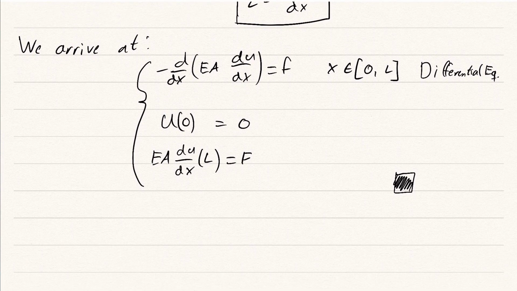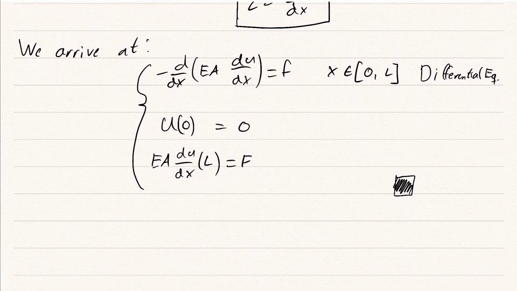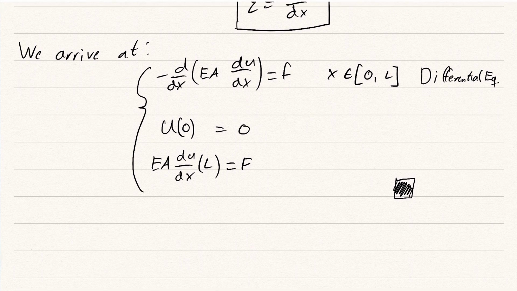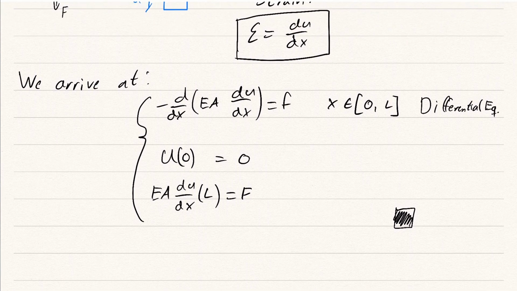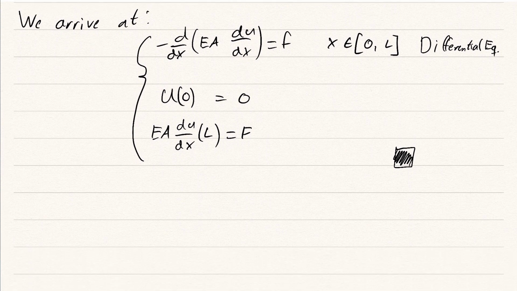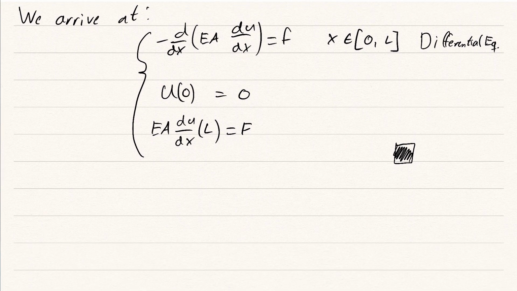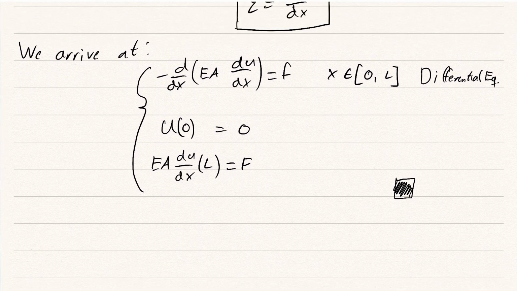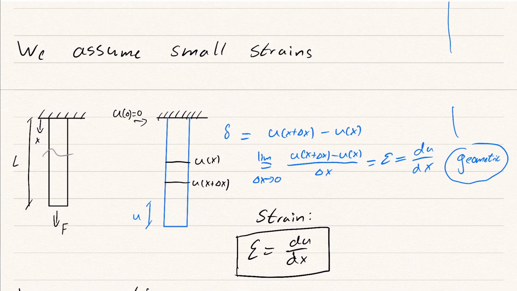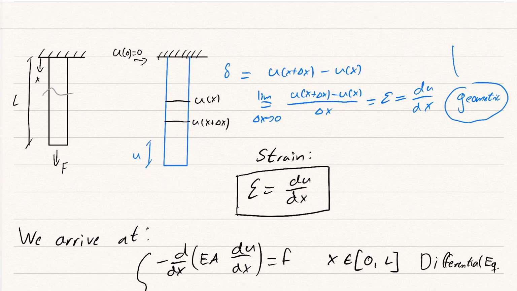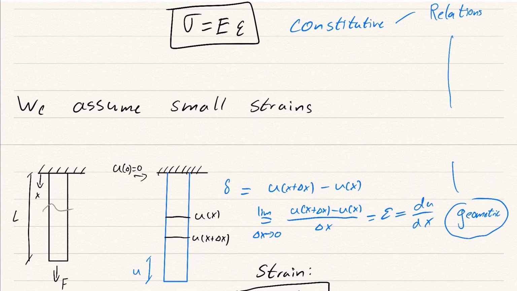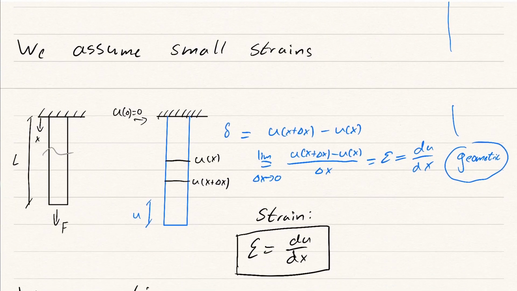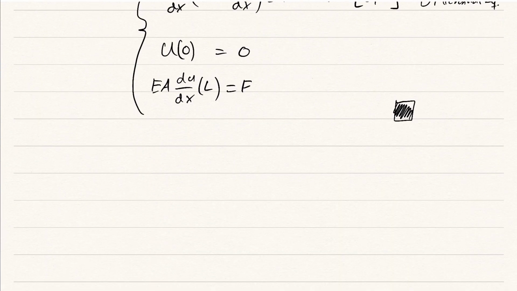So this is the simplest differential equation from solid mechanics. There's one simpler, but that's the heat equation. So again, steady state, there's no time involved. This is linear. We are assuming that the material is linear and that the strains are linear and that we are in equilibrium. So static problem.